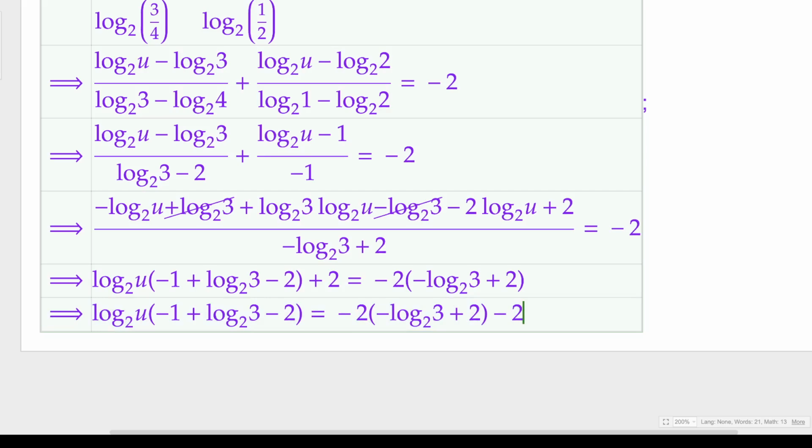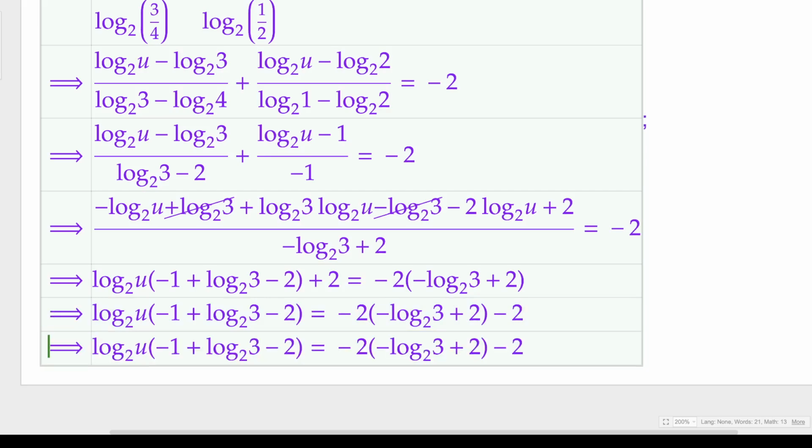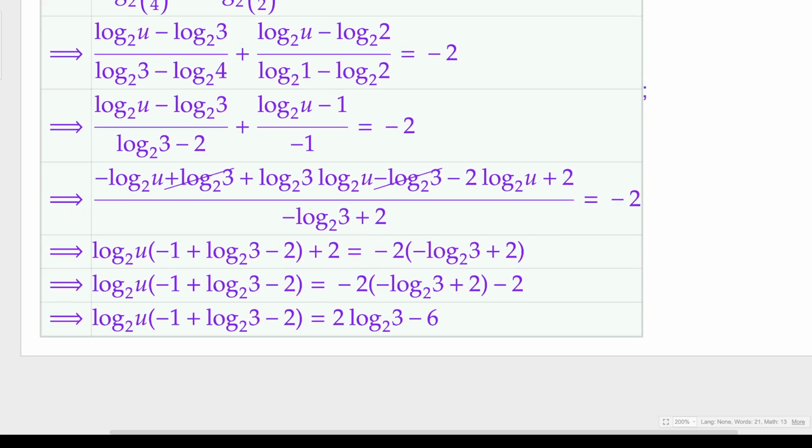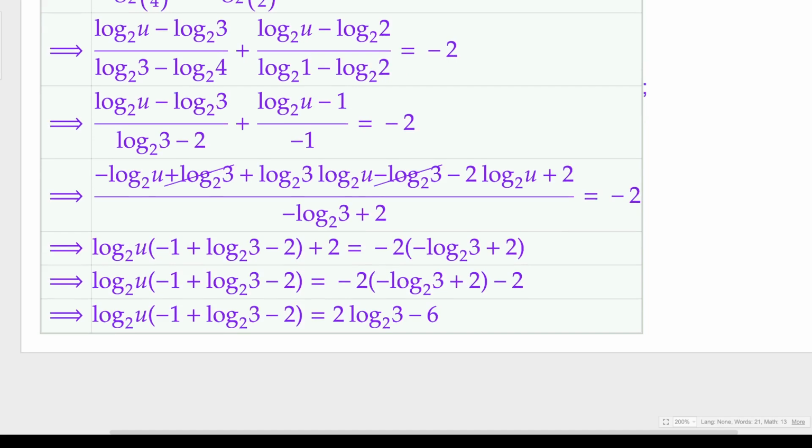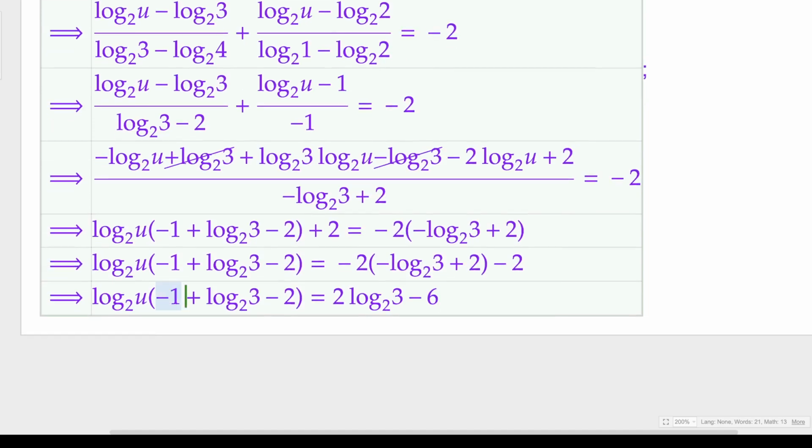So this one can be written as 2 times log 2 base 3, and this would be 6. So this would be minus 6 over here. Now if you observe this one, that is minus 1 and then negative 2 here, so this becomes minus 3. On resolving, this becomes minus 3, and if I take 2 as the common factor, then this can be written as 3.